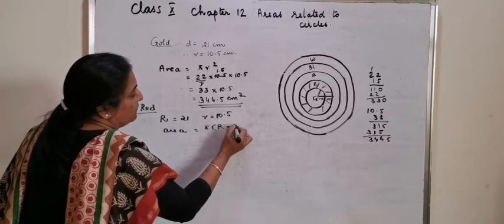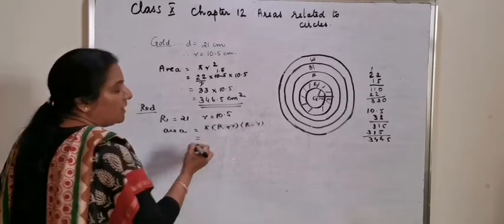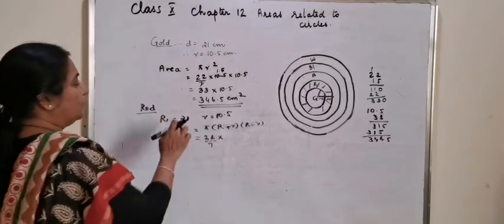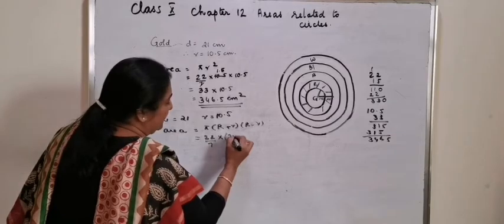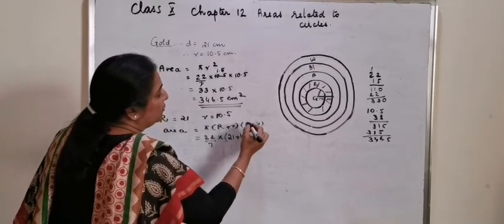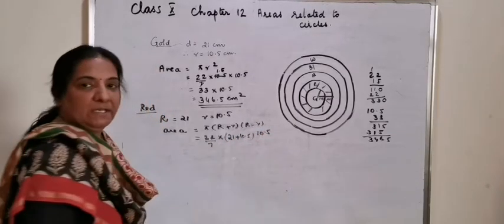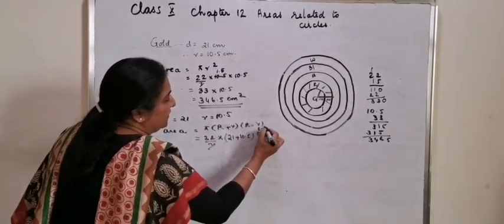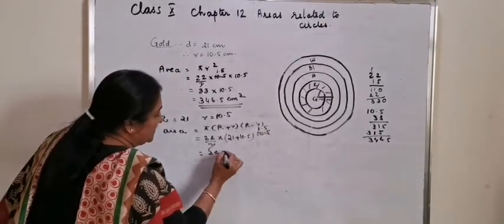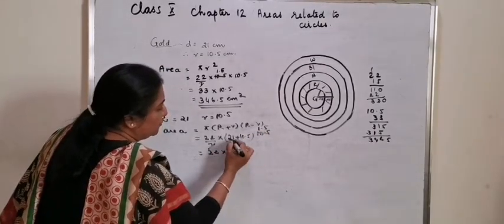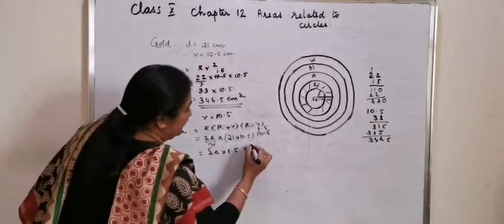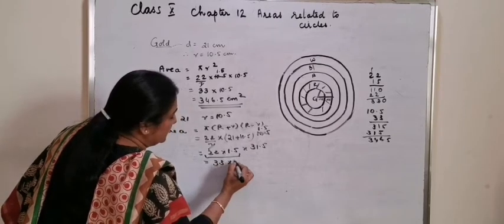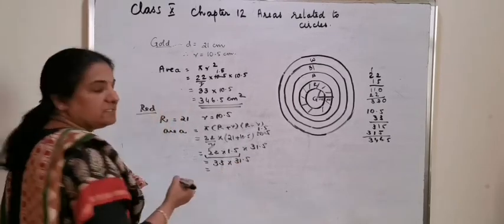It is the formula for a ring, pi into R plus r into R minus r, which is 22 by 7 into 21 plus 10.5 into 21 minus 10.5, which is 10.5. And 7 into 10.5 is 1.5, that is 22 into 1.5 into 21 plus 10.5, which is 31.5. The calculation is 33 into 31.5.